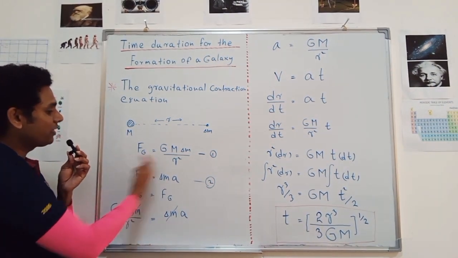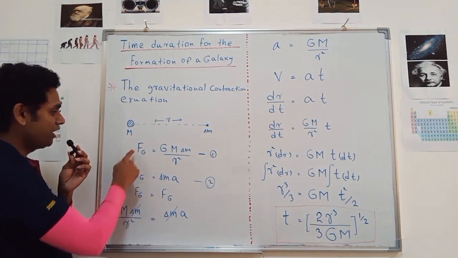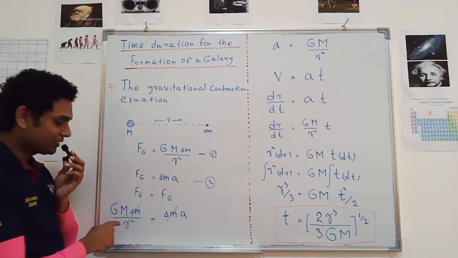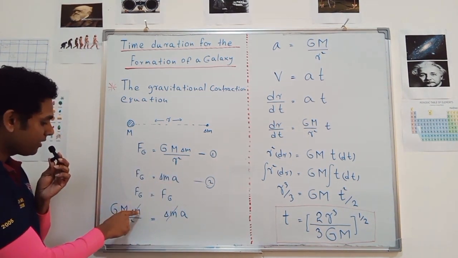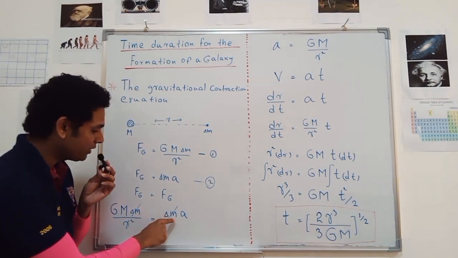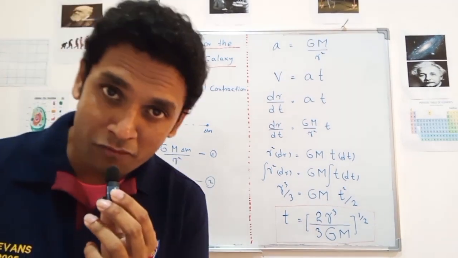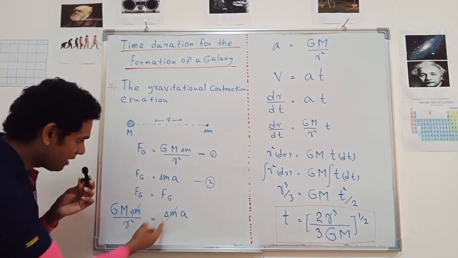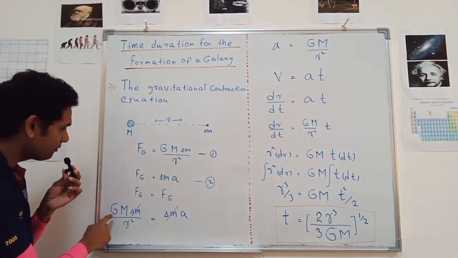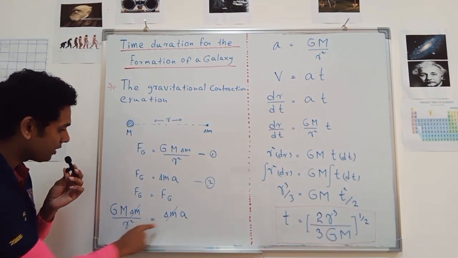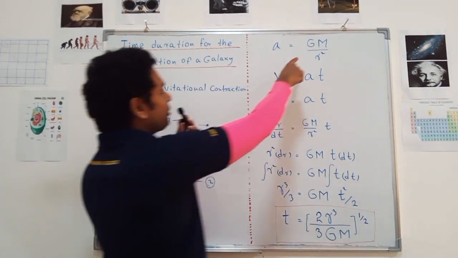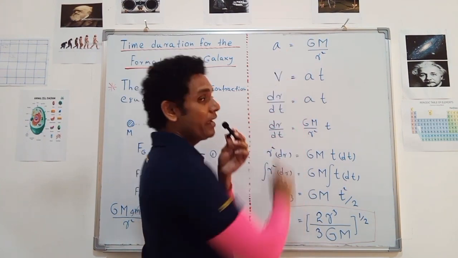Now we can equate these equations: Fg equals Fg. So G M delta M divided by r squared equals delta M times a. The delta M cancels out from both sides, and here it will be G M divided by r squared equals a.